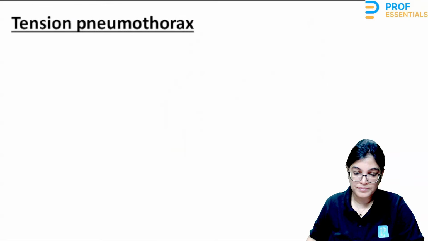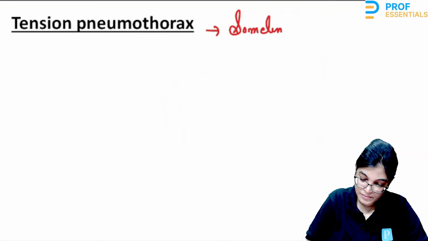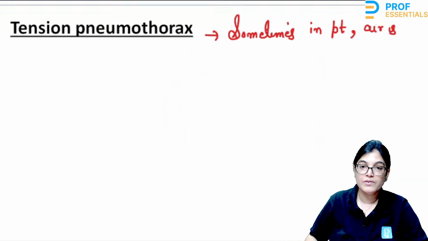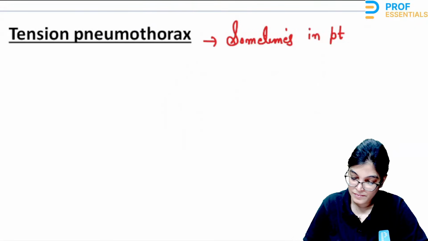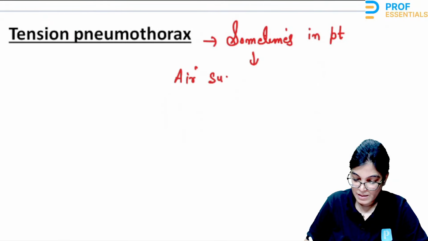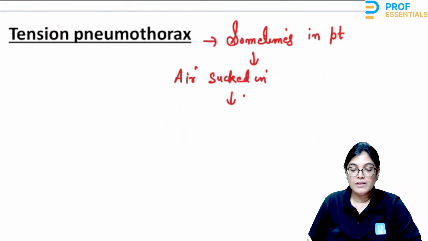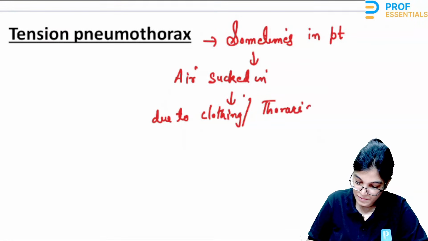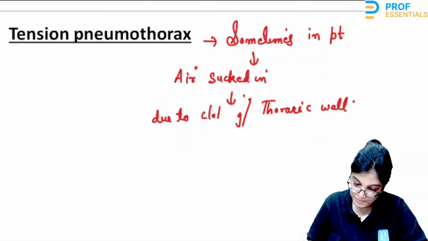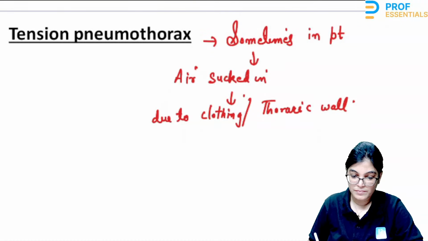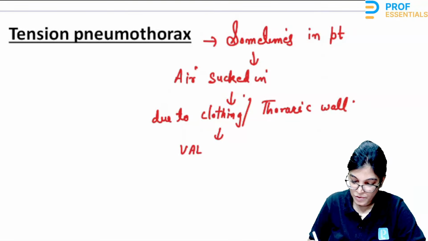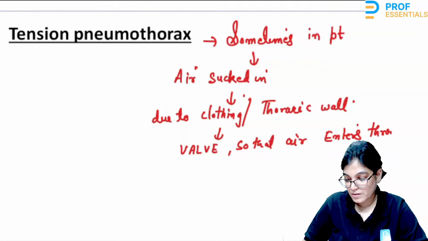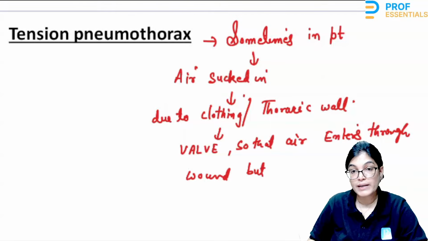In tension pneumothorax, sometimes in a patient, air is sucked in, and due to clothing or the thoracic wall, it forms a valve so that air enters through the wound but cannot exit.